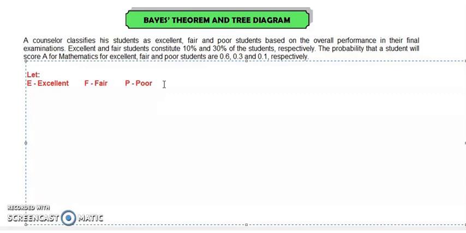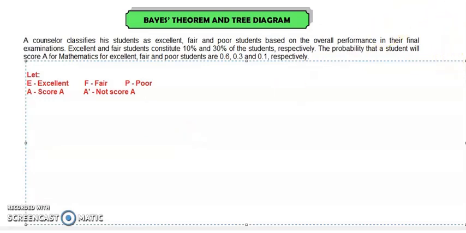Then another event will be score A for mathematics, so the complement will be not score A for mathematics. Or another example, if you have defective item, the complement will be non-defective item. So here let A be score A, and the event that is not A, we put as A prime. So A prime will be not score A.